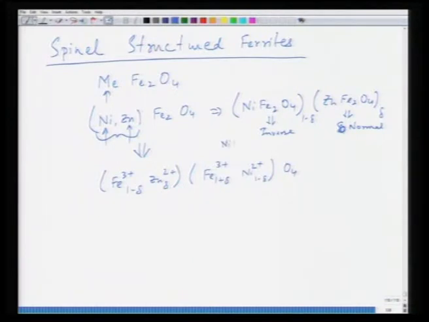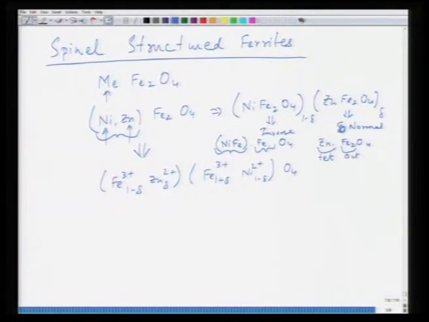Here the distribution would be Ni Fe dot FeO4, essentially AB dot BO4, and this would be Zn dot Fe2O4. So here nickel and iron atoms go to the A site, which is the tetrahedral site, and nickel and iron atoms go to octahedral sites, and one of the iron atoms goes to tetrahedral sites, and here zinc goes to tetrahedral sites, and both the iron atoms go to octahedral sites.